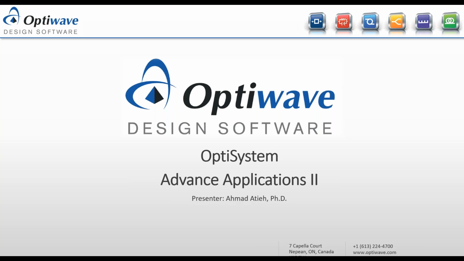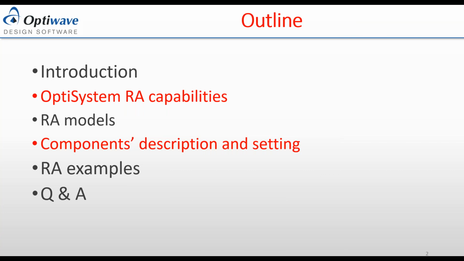Okay, good morning, everyone. Today's webinar will be about advanced applications, and the main application we're going to talk about is Raman amplification. In the webinar, we're going to talk about some basics of the Raman nonlinear effect, and then we go into the OptiSystem Raman amplification capabilities.